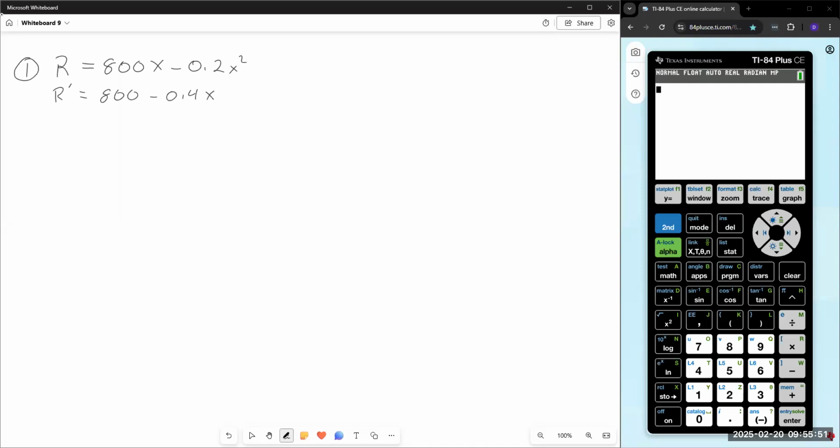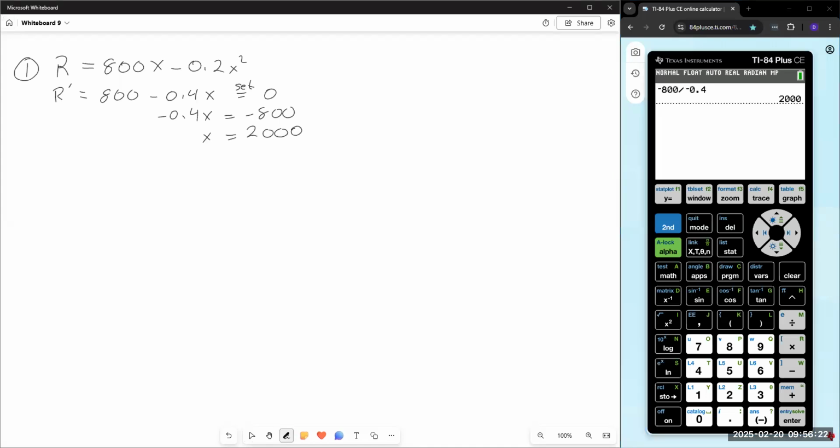To find the critical numbers, which is part of what we need to find here, we need to set this first derivative equal to 0. We get negative 0.4x is equal to negative 800. And I've got my calculator over here. Negative 800 divided by negative 0.4 is going to be 2,000.